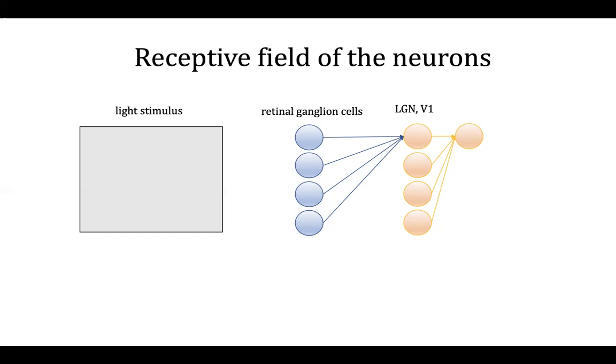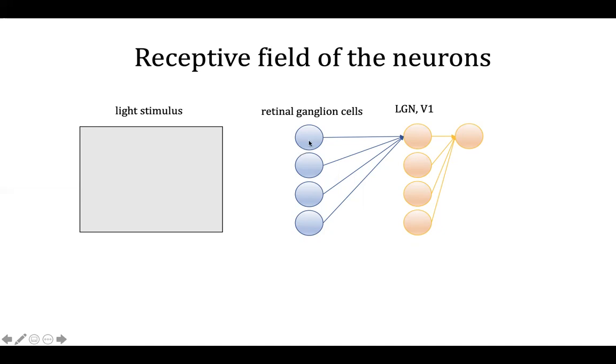And the idea was that there are so-called simple cells and there are complex cells. For example, simple cells could be these retinal ganglion cells. They are in the retina. Basically they are in the eye, so they are outside of the brain.